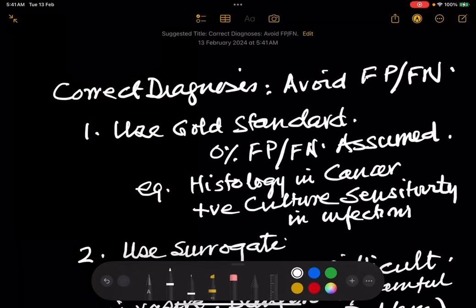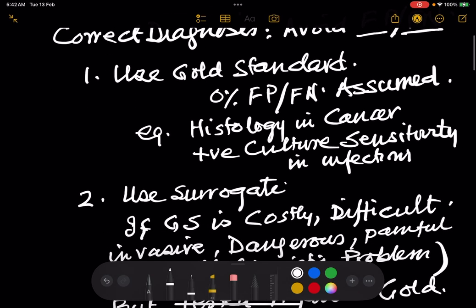So the first thing is that we must be able to correctly say whether the event of interest is present or absent. That means we should avoid false positive and false negative. So the first thing is you use such an investigation or such a series of investigations, which you can call a gold standard protocol, where the false positive and false negative are assumed to be 0%.